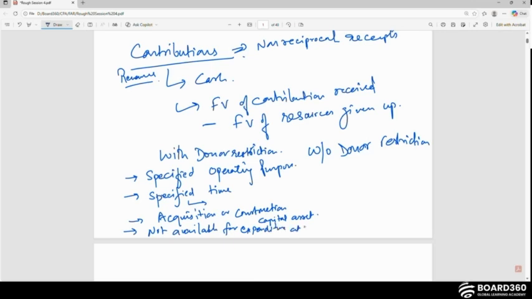That means you cannot spend that money anywhere. You have to invest that money, and whatever amount you are earning from it, only that you can use. These are generally known as endowments. Endowments mean the donor has restricted you from using that money throughout the life. You cannot use that money, but you can invest it, earn whatever earnings you can get, and use those earnings for the running or functioning of the not-for-profit organization.